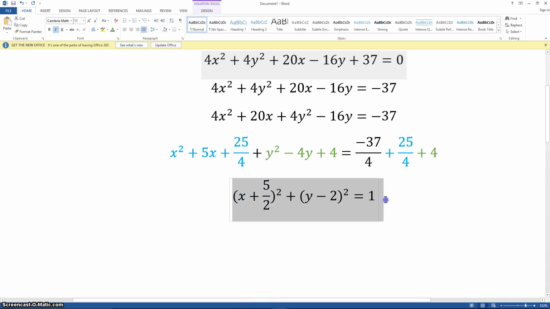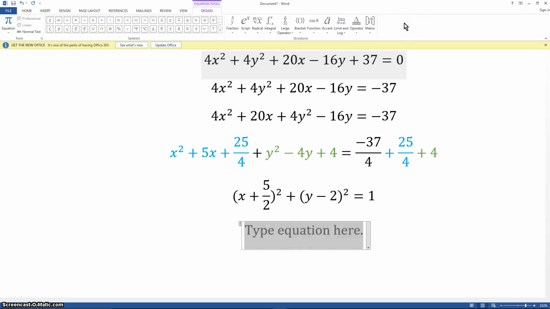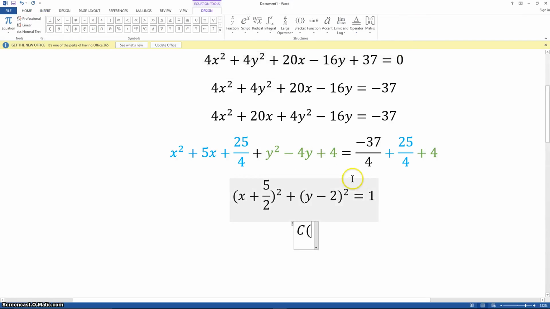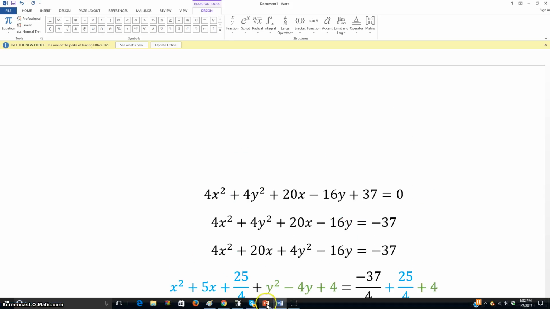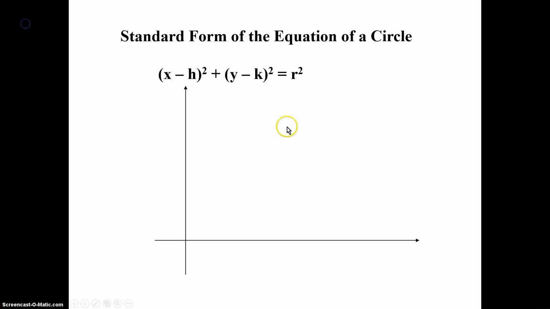So as you can see, this entire equation is in the standard form of a circle, where we can say that the center is, remember, I told you to think of the center as the opposite of a positive 5/2. Why the opposite? Let's go back to this slide right here.